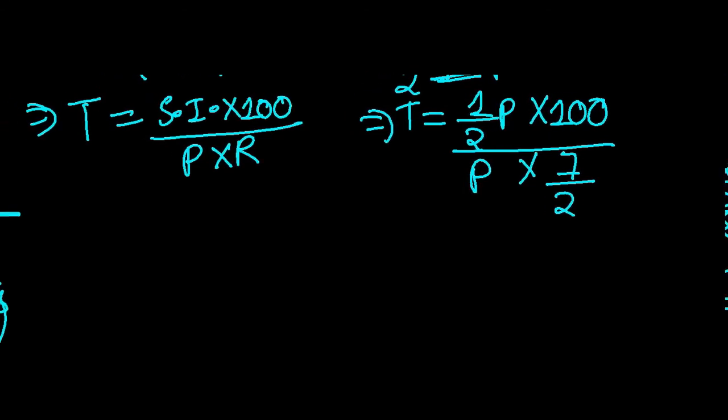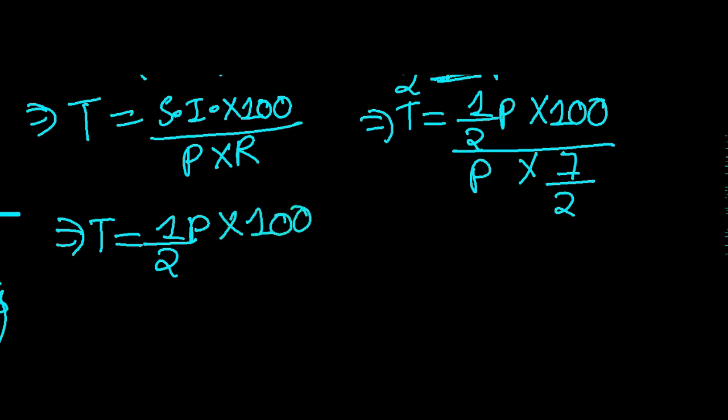So let's calculate now. First, we write T is equal to 1/2 P into 100 into 1/P into 2/7.